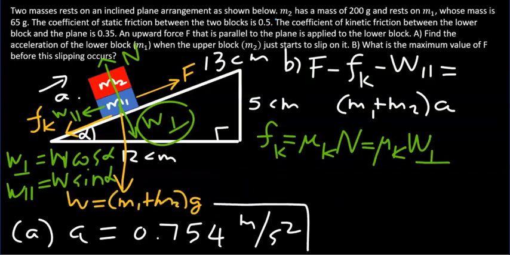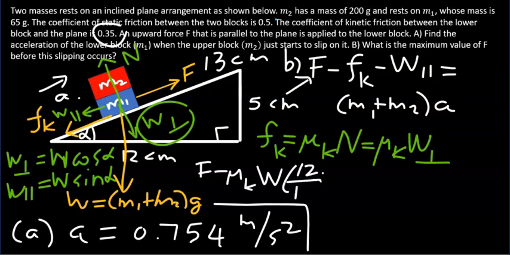It works the same way as we showed for M2. So let's use this equation to calculate the maximum value of F. So F minus F sub K is mu K, which we know to be 0.35, times W perpendicular, which is W times cosine alpha. Cosine alpha from that triangle is 12 over 13.